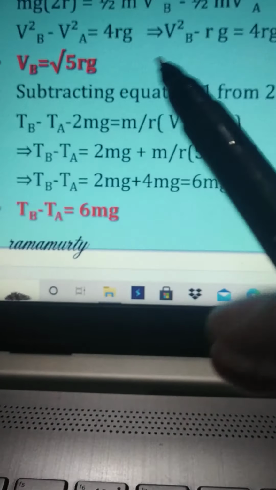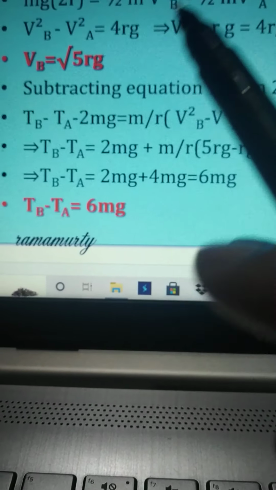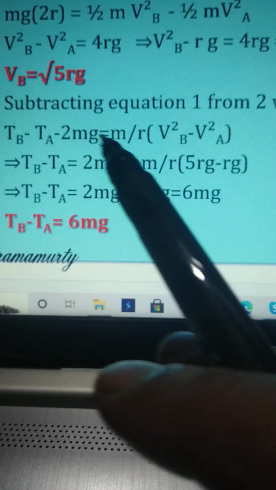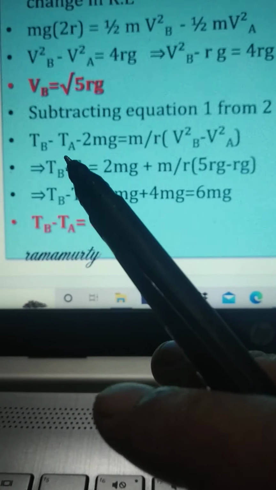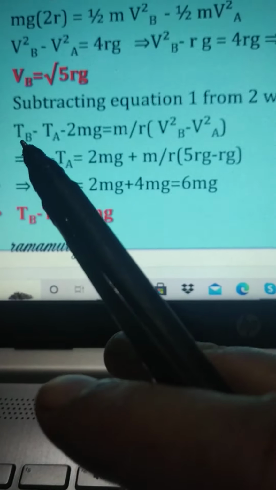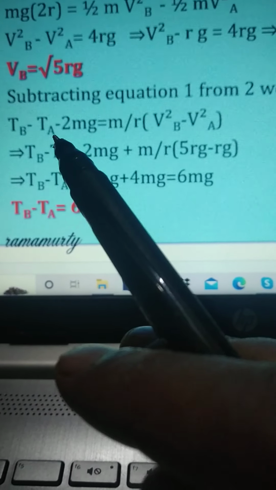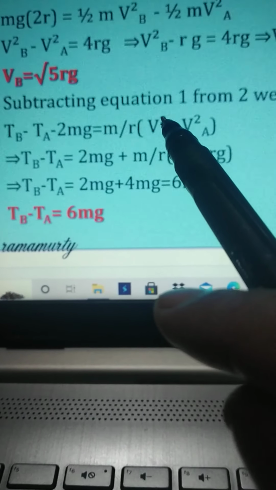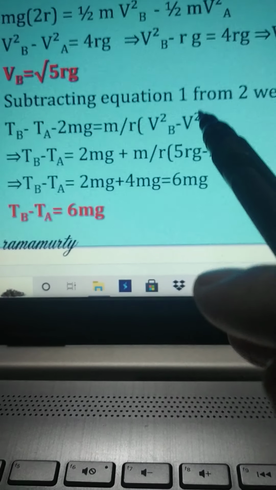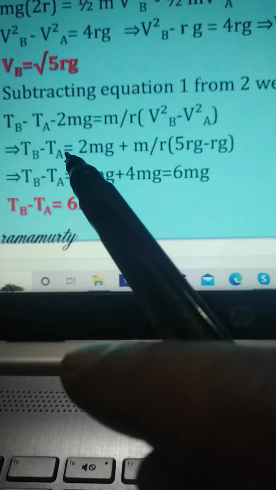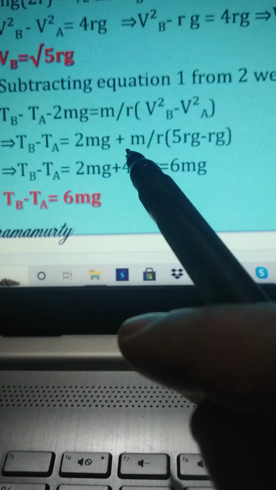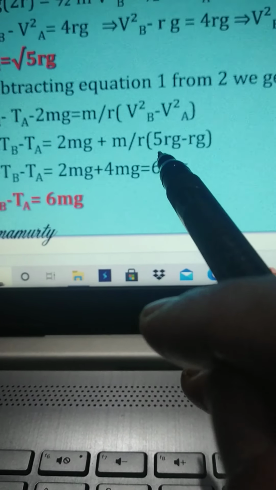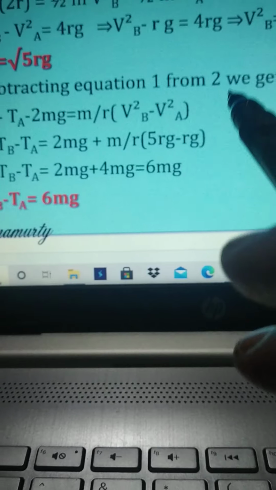So now find the tension from the bottom to the highest position. Subtracting equations 1 and 2, we get T_B minus T_A, means tension at point B minus tension at point A, minus 2mg is equal to m upon r times (v_B square minus v_A square). So we get T_B minus T_A is equal to mg plus m upon r times (v_B square minus v_A square). Here v_B square is 5rg and v_A square is rg.